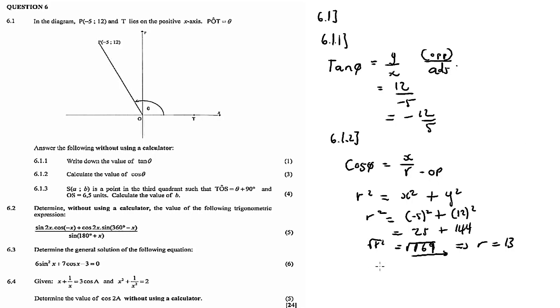Okay, now so cos theta is equal to what? X is negative 5, r is 13, no calculator. So this is our final answer.